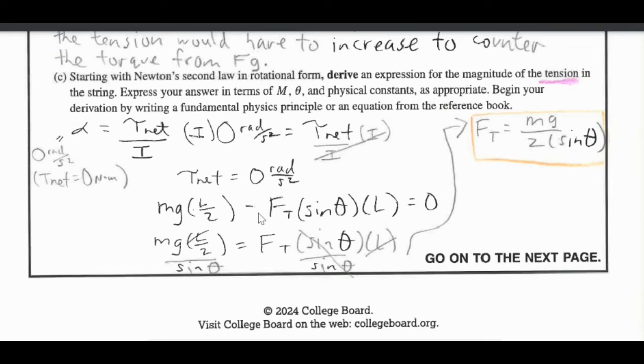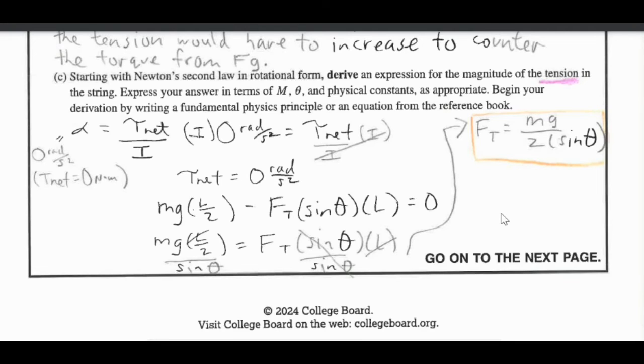So I scooted over the Ft sine theta L to the other side, basically rearranged it a little bit. I crossed out the L's, they cancel out, which leaves mg, and then 2. The 2 is basically in the denominator, and then divide both sides by sine of theta. So then the sine of theta joined the 2 in the denominator, and our Ft equals mg divided by 2 sine theta.